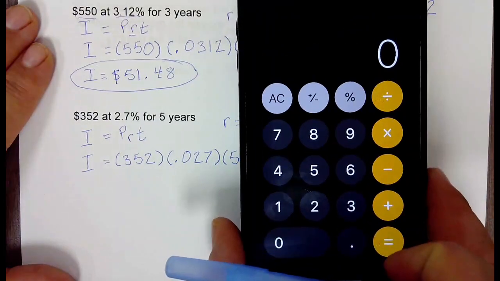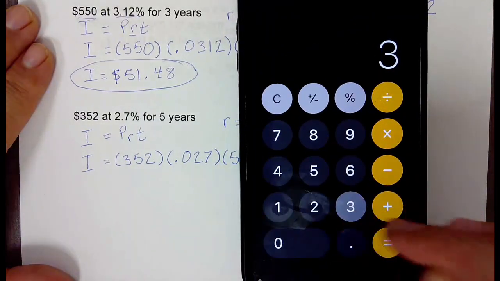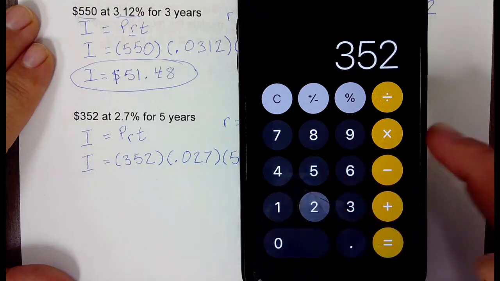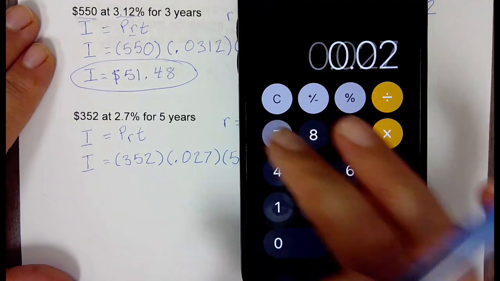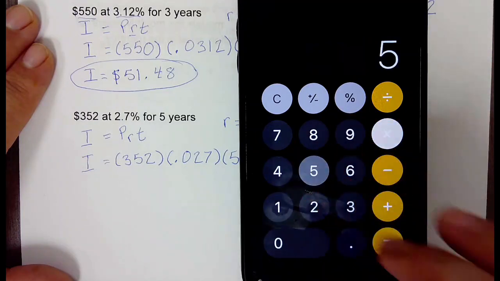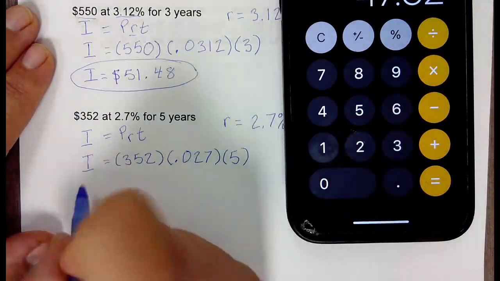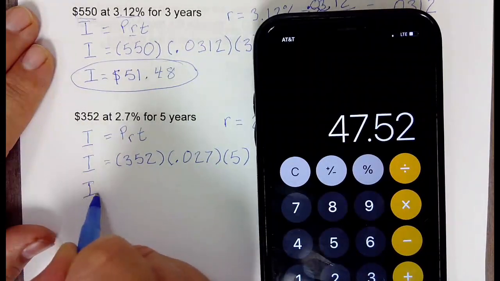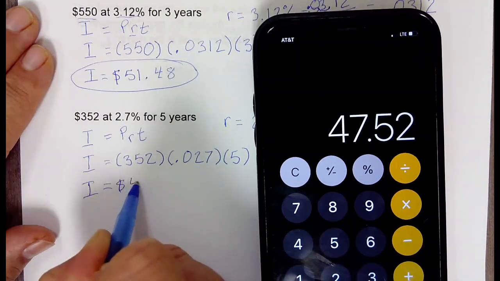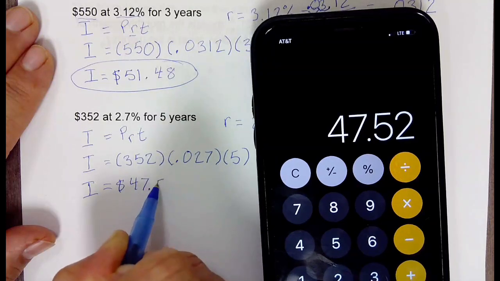And I'm going to calculate that. 352 times 0.027 times 5 equals my interest earned, which is $47.52.